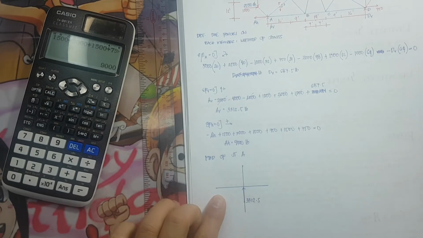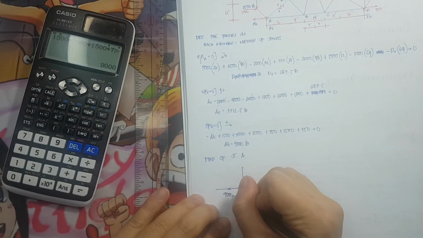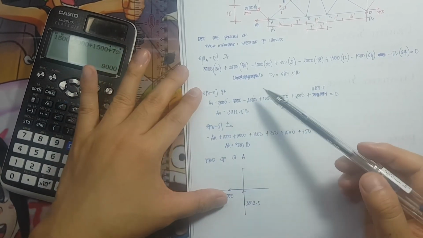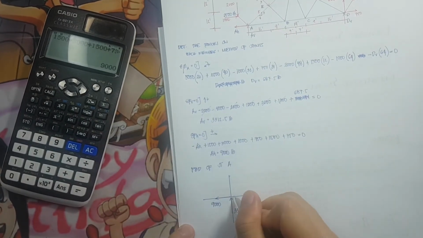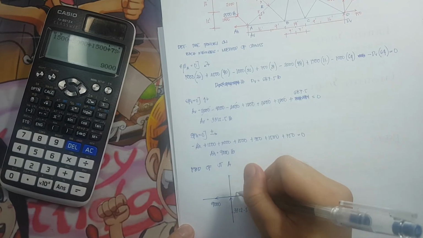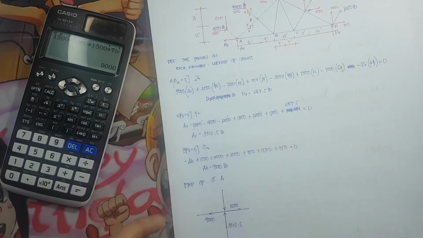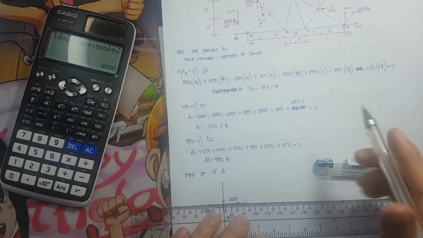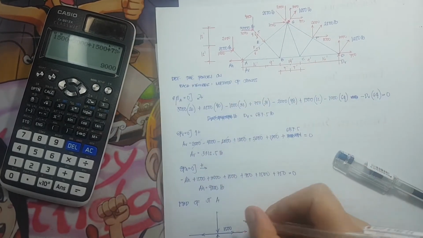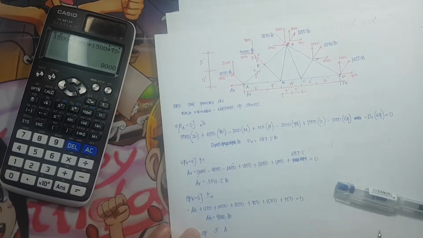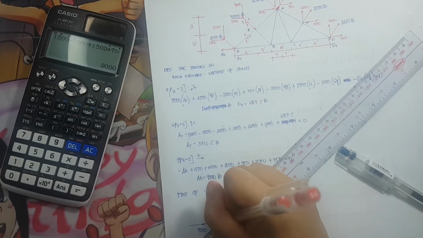Then we have the A horizontal, which is 9,000. Next we have the 1,500 towards the right. Then we have the downward force of 2,000. Then we have member AB, and member AE.